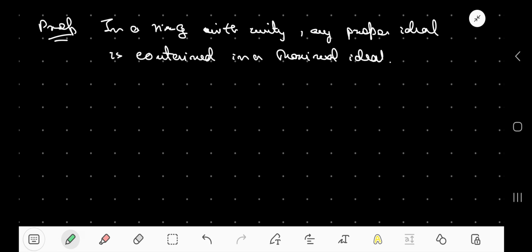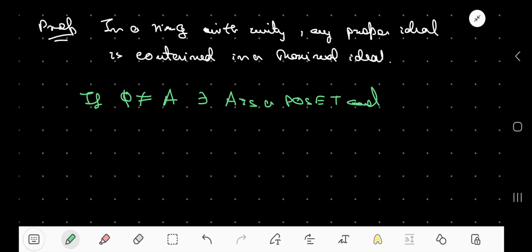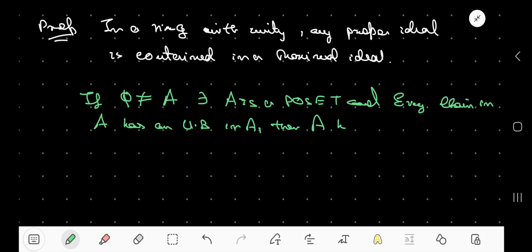If you recall, it says that if I talk about a non-empty partially ordered set A such that every chain in A has an upper bound in A, then A has a maximal element.